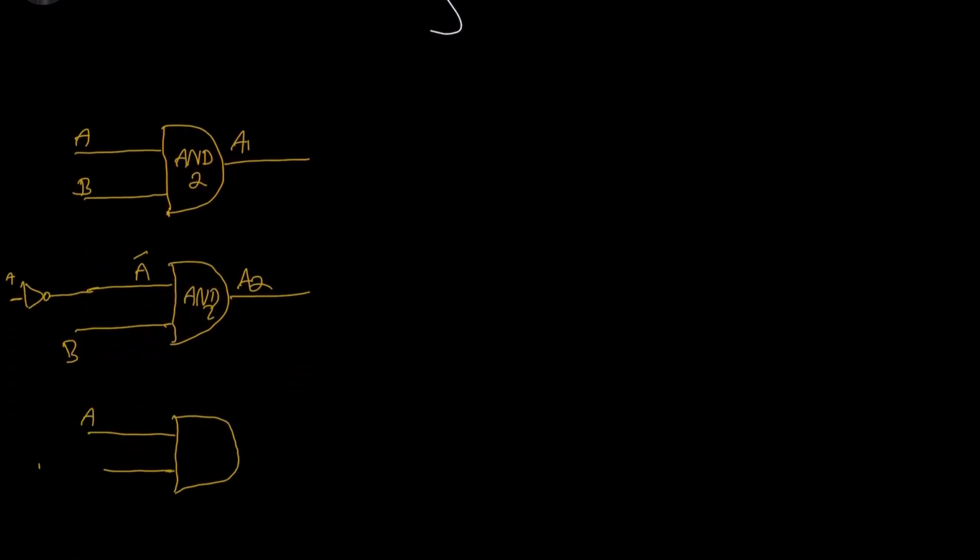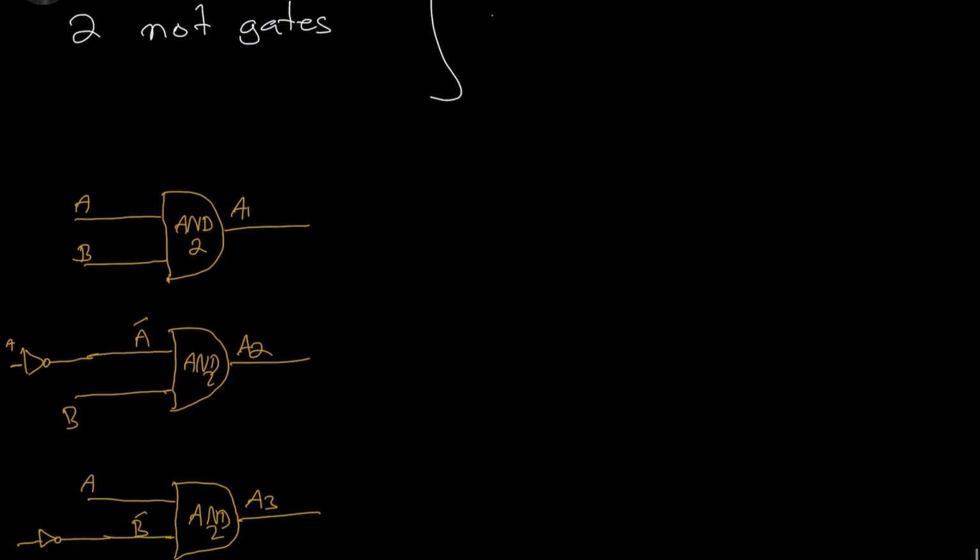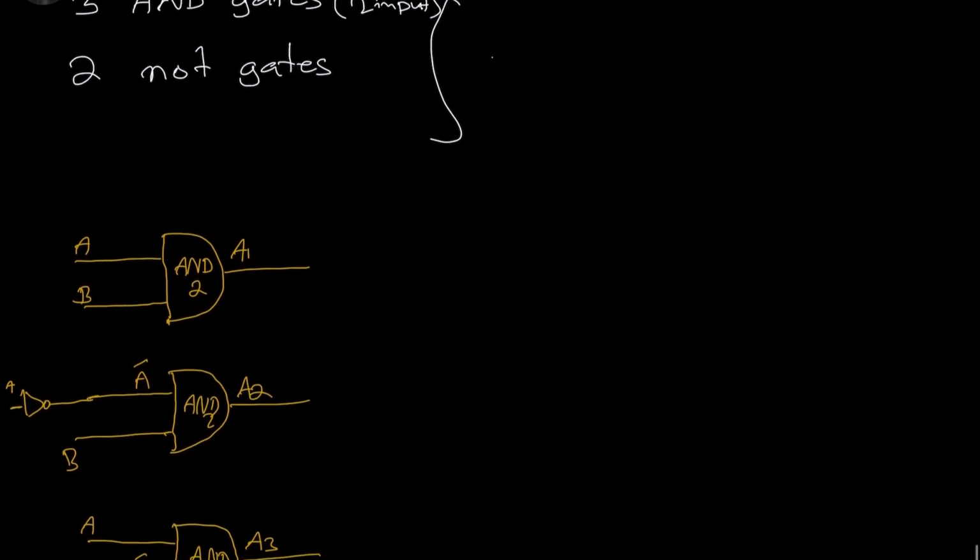A, let's invert that signal, so B not. And call the output of that AND gate A3. So we have 3 outputs already to go into the input side of that 3 input OR gate.